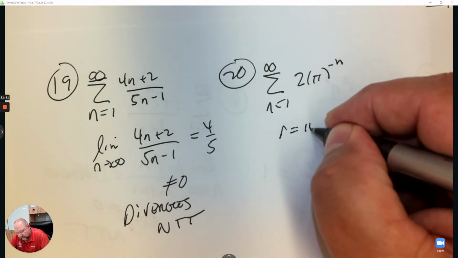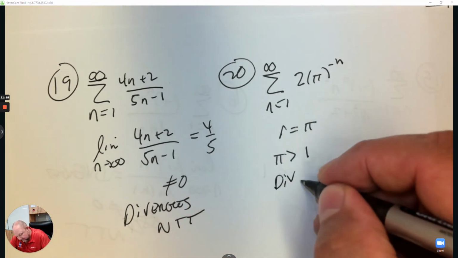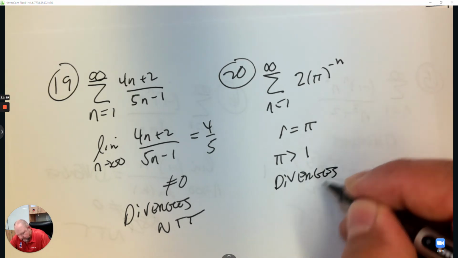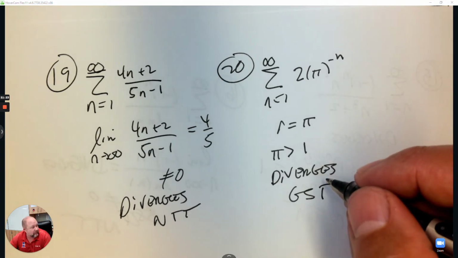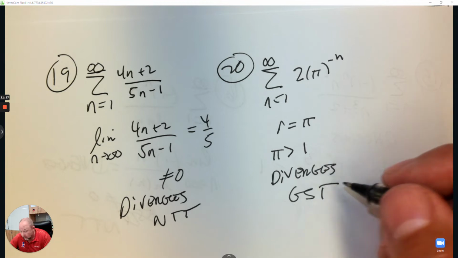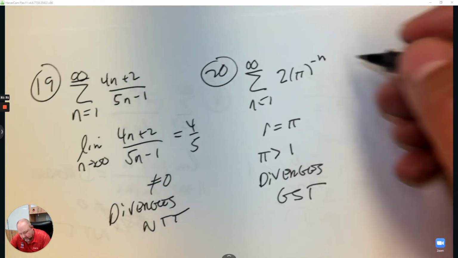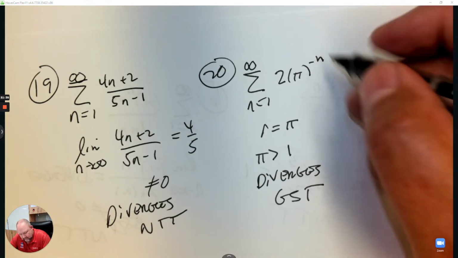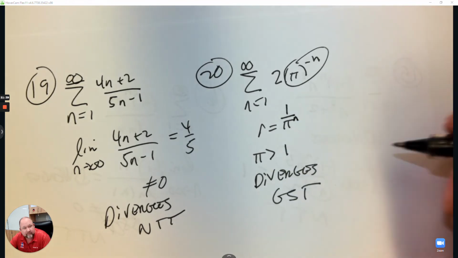Number 20. So here the common ratio is pi. Pi is greater than 1, so it diverges by the geometric series test. That has to be less than 1. Oh, it's pi to the negative n. How tricky. So to write that, pi to the negative n is really 1 over pi to the n.